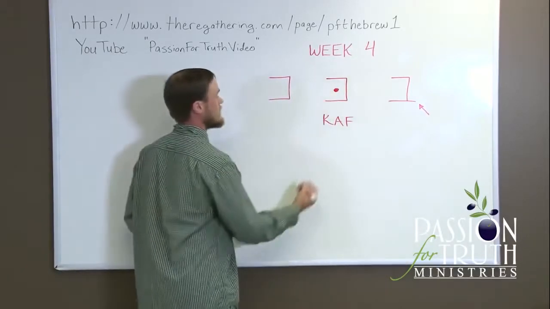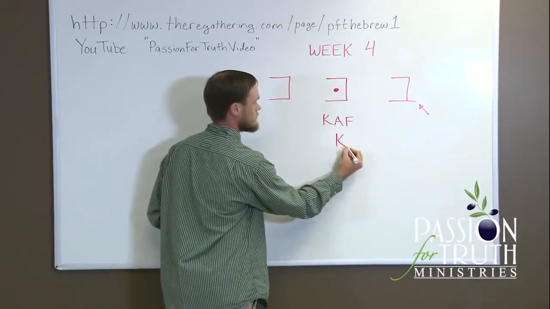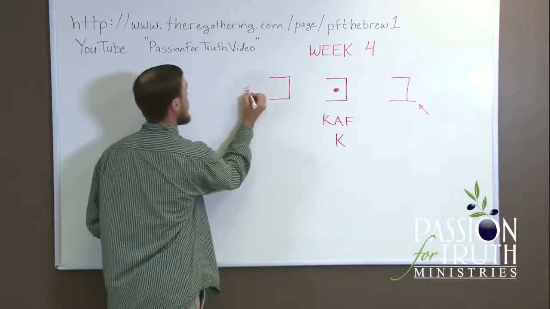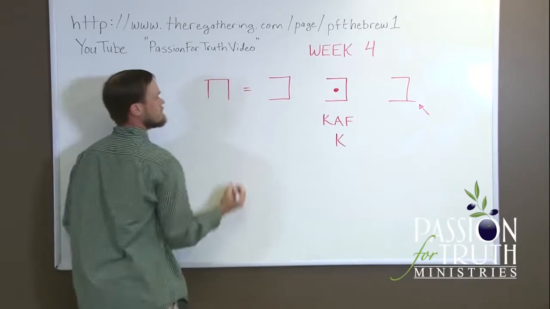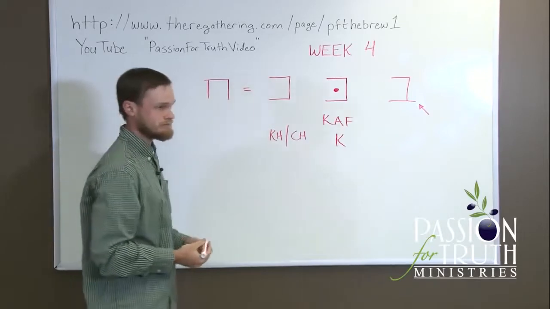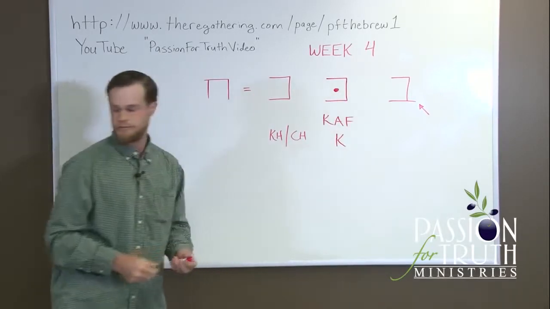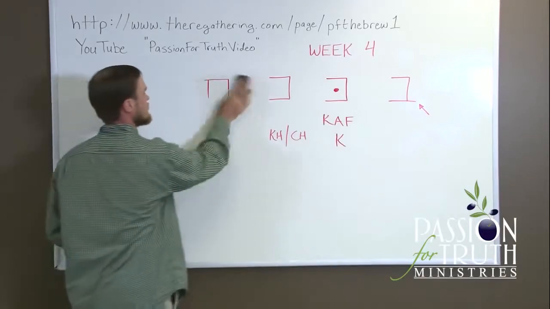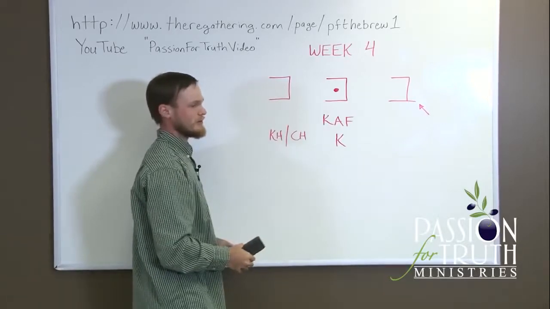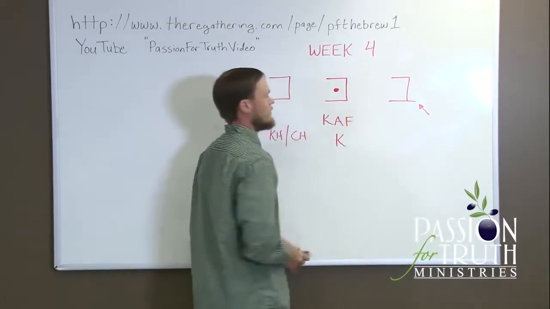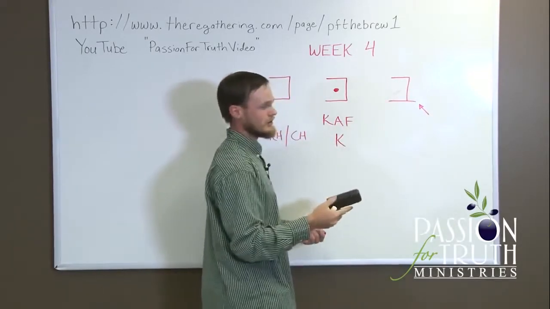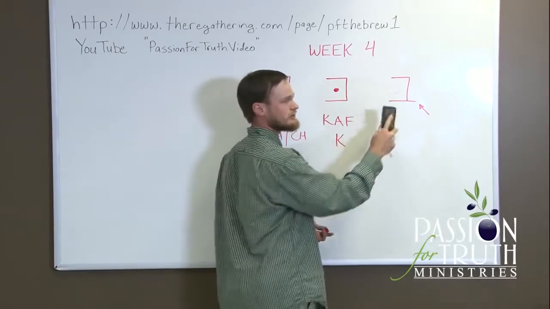With a dagesh, the Kaf makes the sound of the letter K. Without the dagesh, the Kaf makes the same sound as the Chet, which you can write KH or CH. So there's Kaf and Chaf, as it were, but they are the same letter, just like Beit, which without the dagesh you could call a Veit, but it is in fact the same letter, just with or without a dagesh.